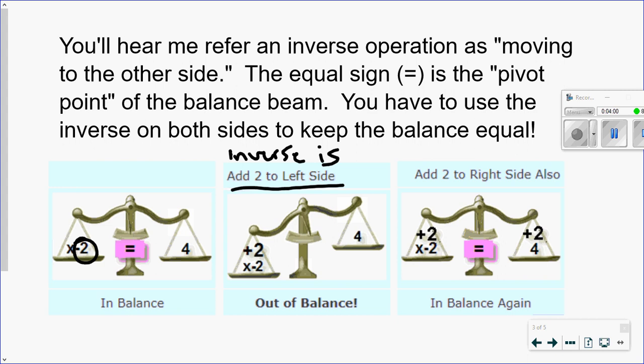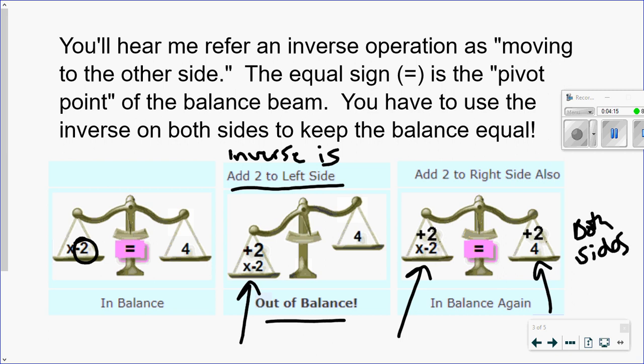So the inverse is adding 2 to the left side. But the problem is if it's only on the left side, we're out of balance. So we have to do it to both sides to stay balanced.